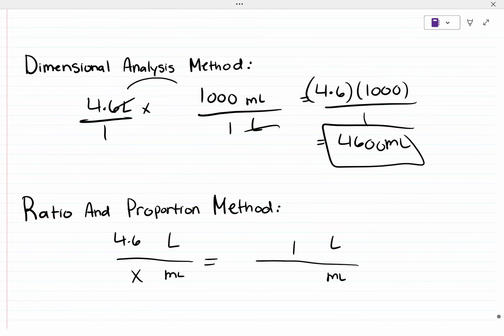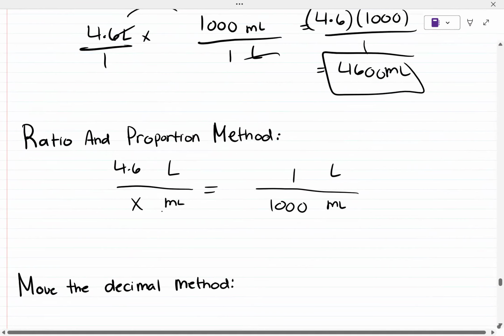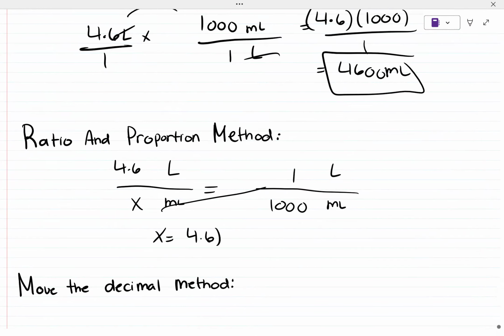For 1 liter, there's 1,000 milliliters. So go ahead and cross multiply. So 1 times x is x, and then it's 4.6 times 1,000. You get 4,600 milliliters.